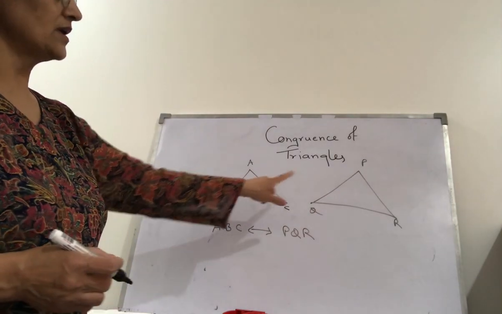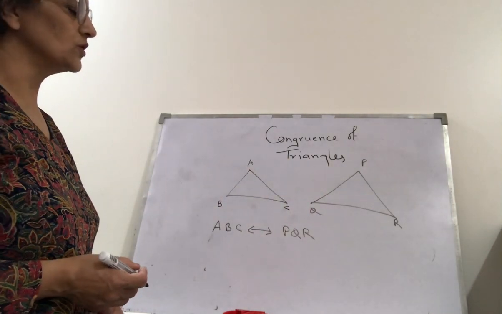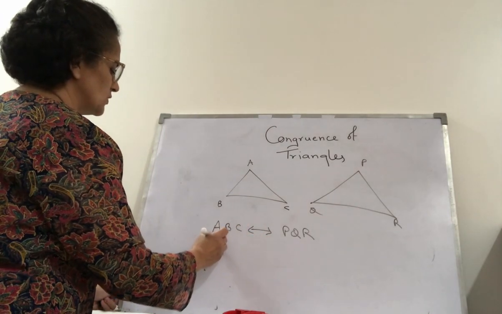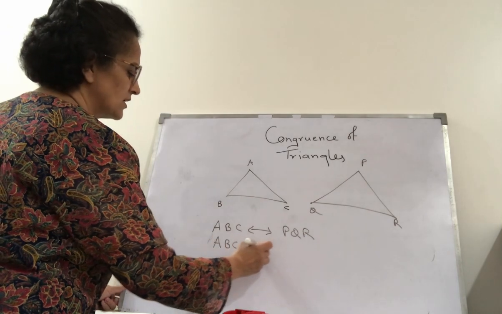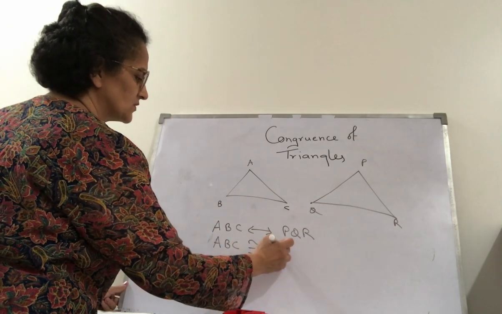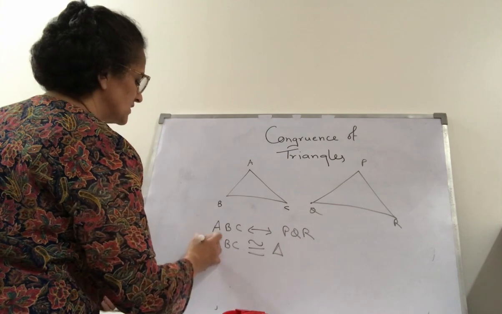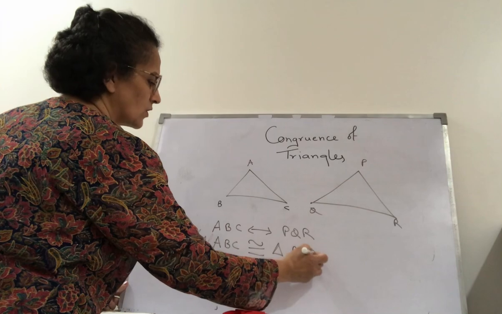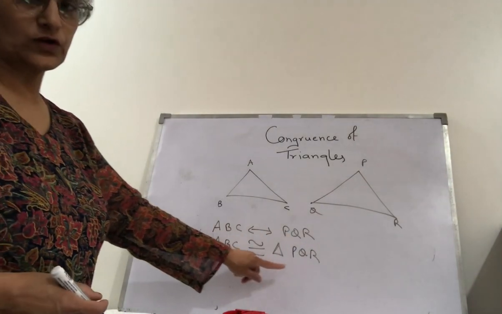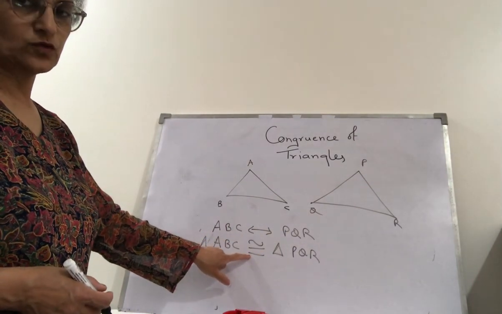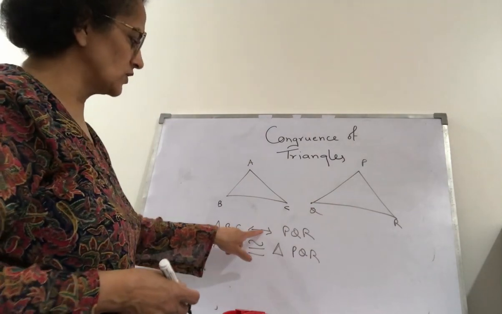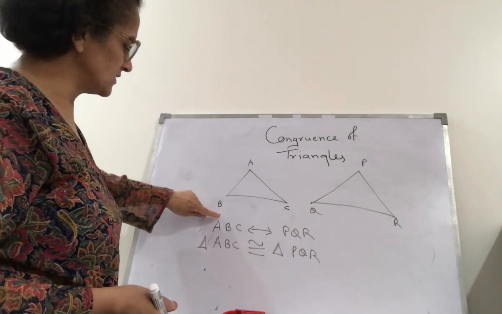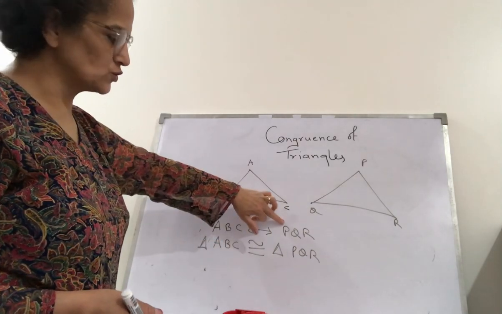So if it is given ABC is congruent to PQR, and this is the correspondence, what is the symbol used for congruent? You put this equal to sign, and this way you can say these triangles are congruent. So when you prove the congruency, this is the symbol used for congruency. And if its correspondence is given PQR, what do you mean by this correspondence? This says A corresponds to P.